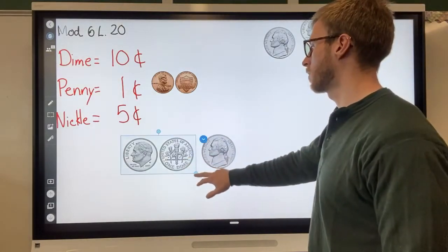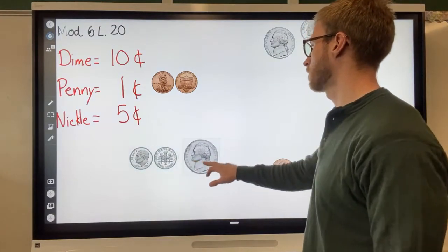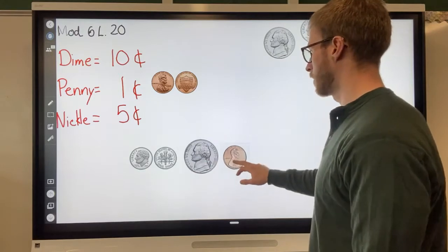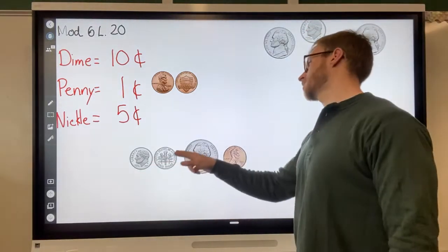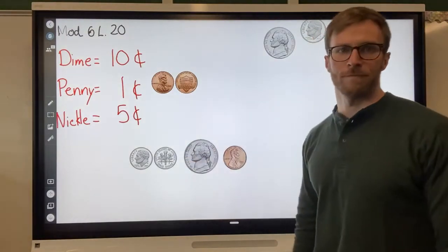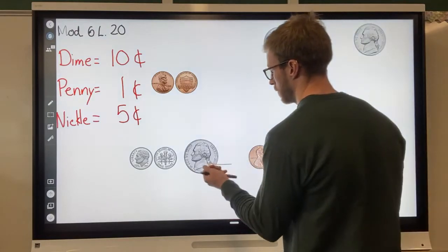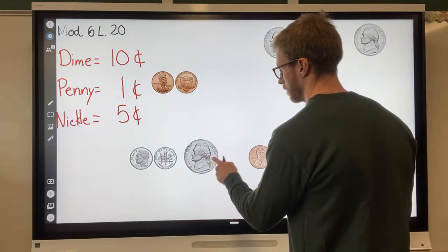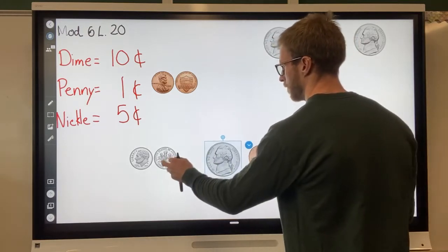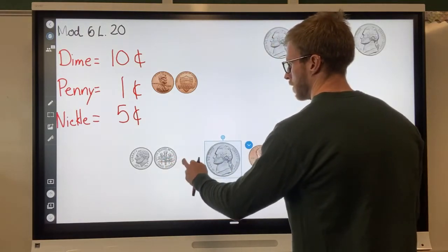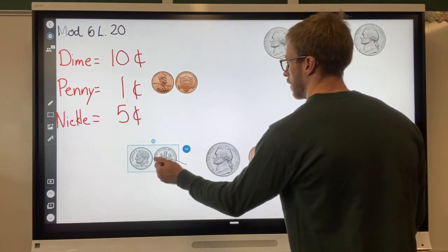I gotta make these a little smaller. Remember, dimes are the smallest ones. Nickel and then a penny. Okay, so I have dime, dime, nickel, penny. Let's figure out how much all this is. Wow, this doesn't want to move. Hold on. There we go.